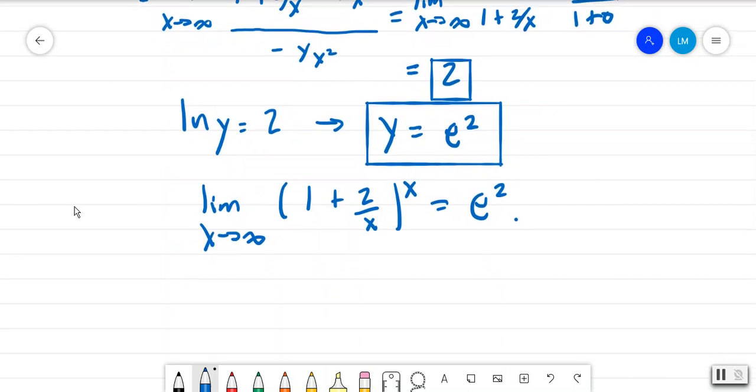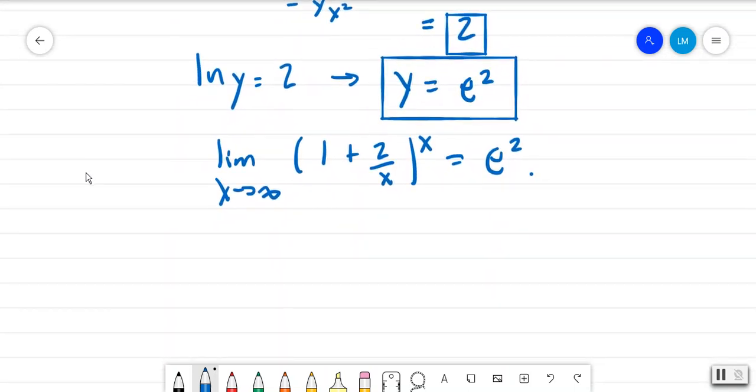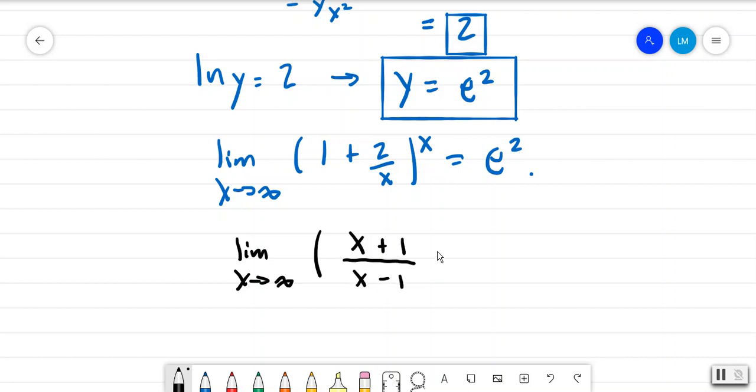Now, interestingly enough, you can actually generalize this, but it's really best that you don't, because it would have to be specific as to the format, and it's a lot better just to do it from scratch, if anything. For instance, let's say that you had the limit as x approaches infinity of (x plus 1 divided by x minus 1), and then let's say that it was raised to the negative x.